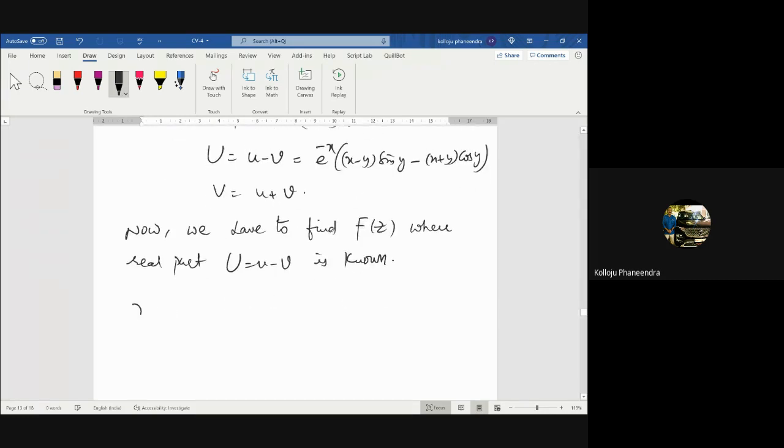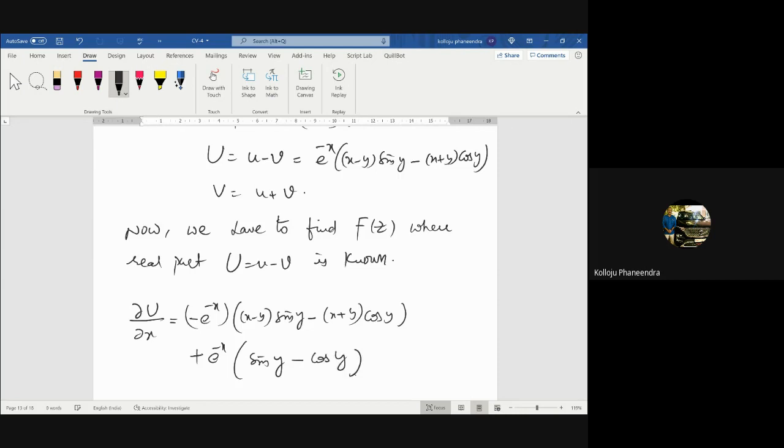Then what is dou U by dou x? Minus e to the power of minus x, this is constant now, times (x minus y) into sine y, minus (x plus y) into cosine y, this part is over, plus e to the power of minus x. Now coming to this part, the x derivative is 1, so I will get sine y. Next here the x derivative is minus 1, therefore cosine y, this is over, right?